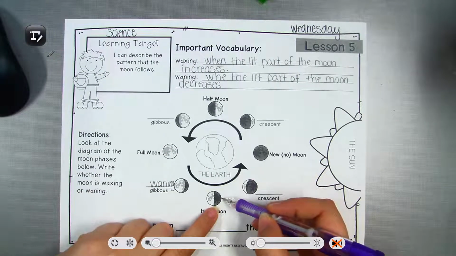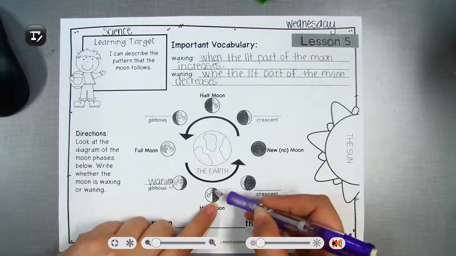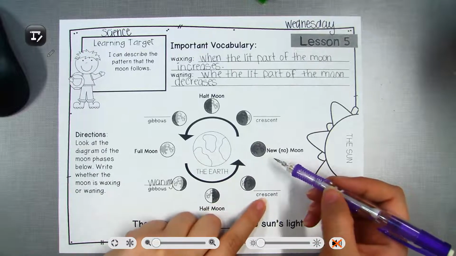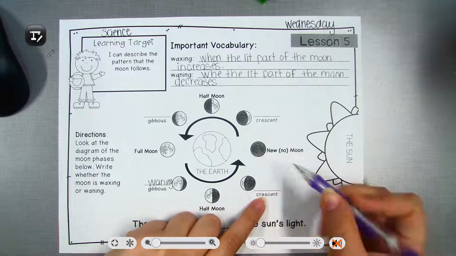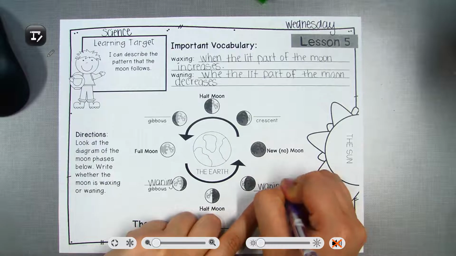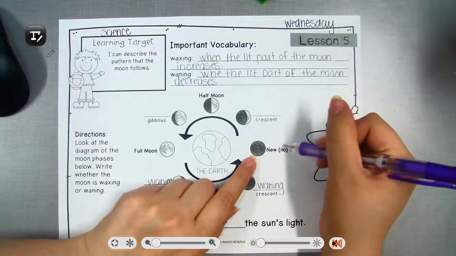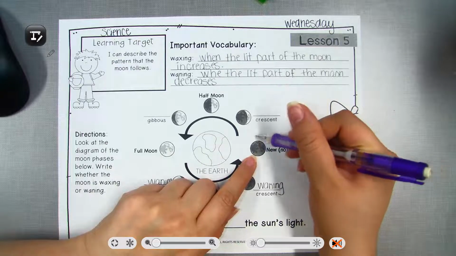You notice the dark is starting to get, it's now halfway. Then we have crescent. Look what's happening. The light is starting to decrease. So this is waning. Then we go to new moon, which is no moon. None of it is lit up.